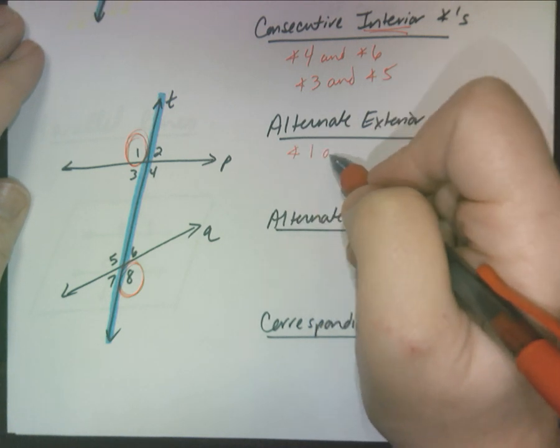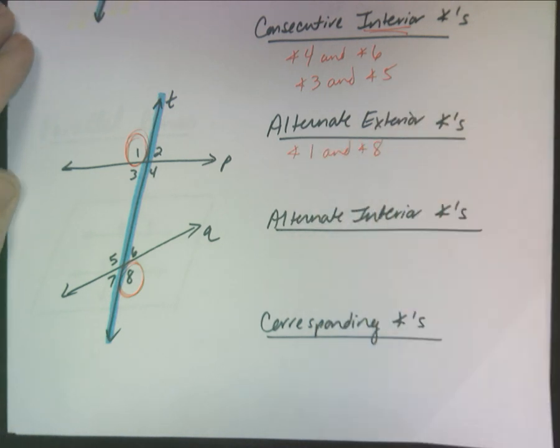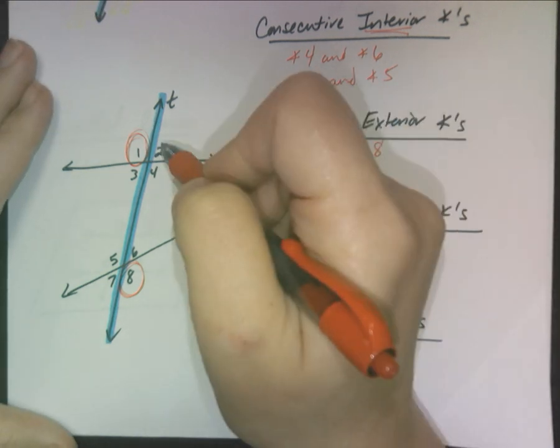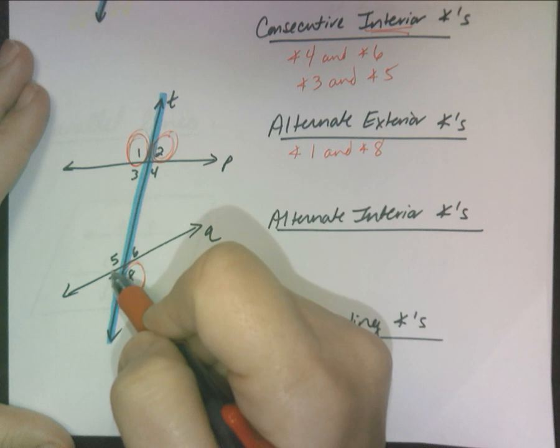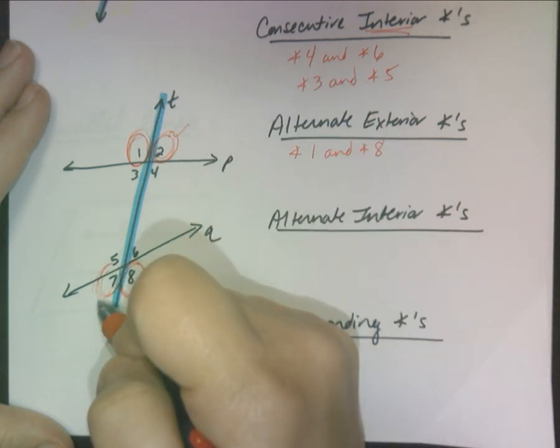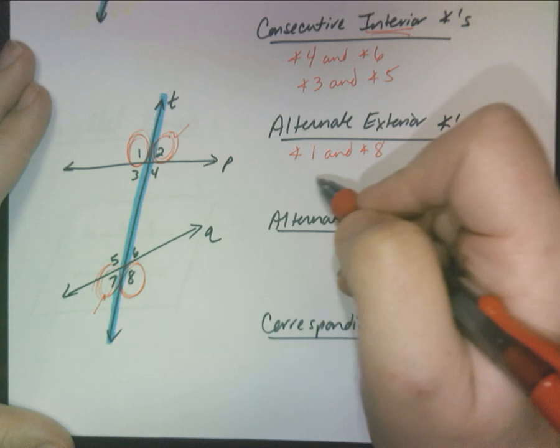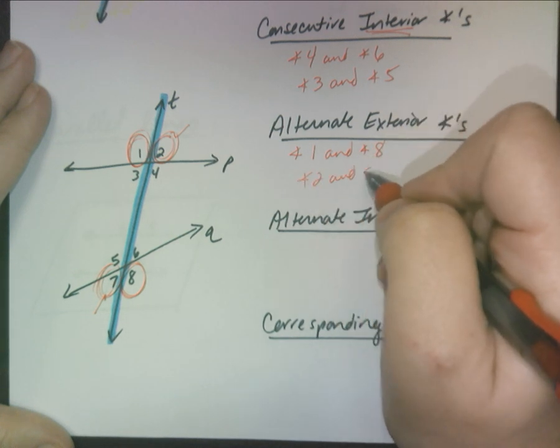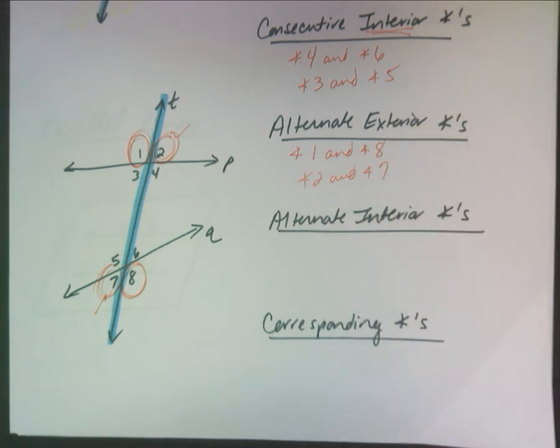So angle 1 and angle 8. Where would the other alternating exterior angle pair be? That would be 2 and 7. All right, so if that's what alternating exterior is, what do you think alternating on the interior is?